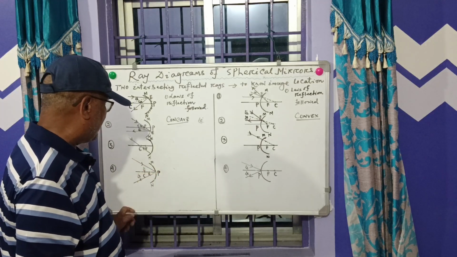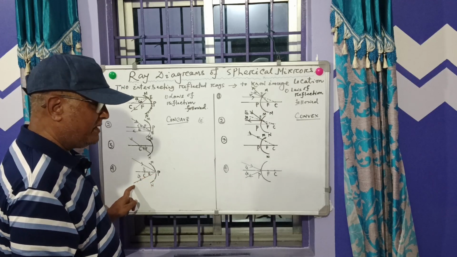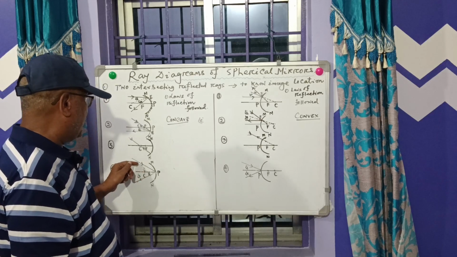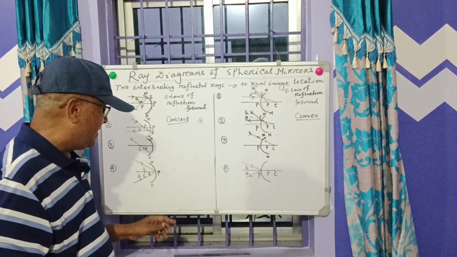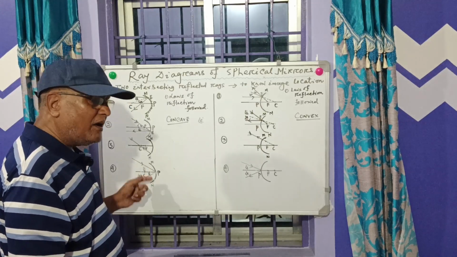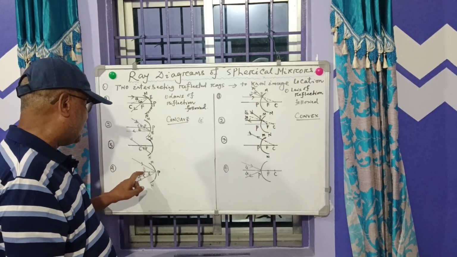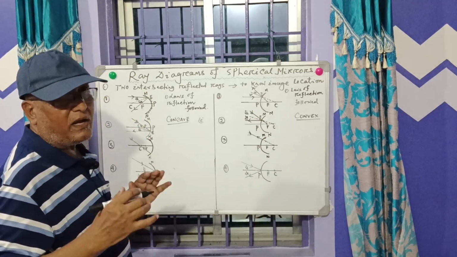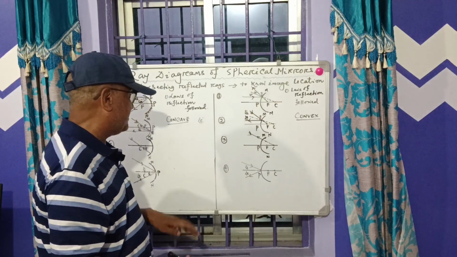So after reflection, it returns back in the same medium. Now the angle formed between the incident ray and the principal axis, that is normal, is called angle of incidence. And the angle formed by the reflected ray and the principal axis normal is called angle of reflection. So angle I is equal to angle R as per law of reflection.